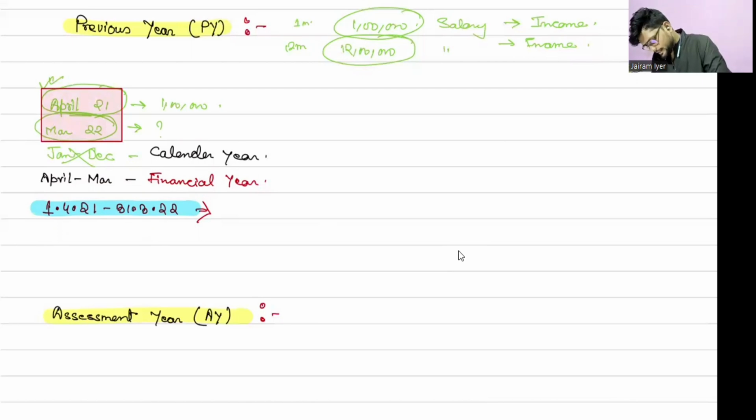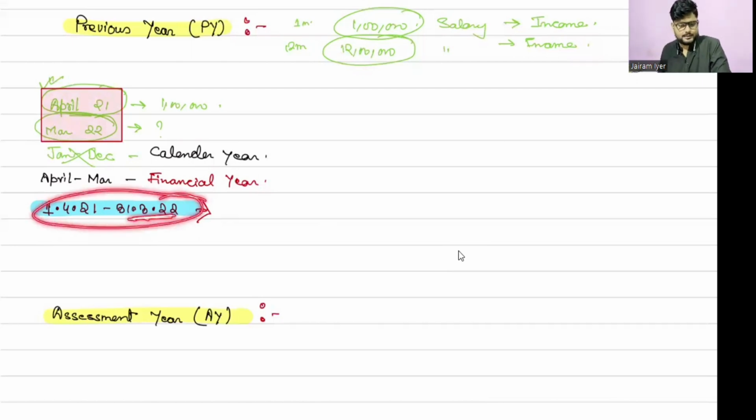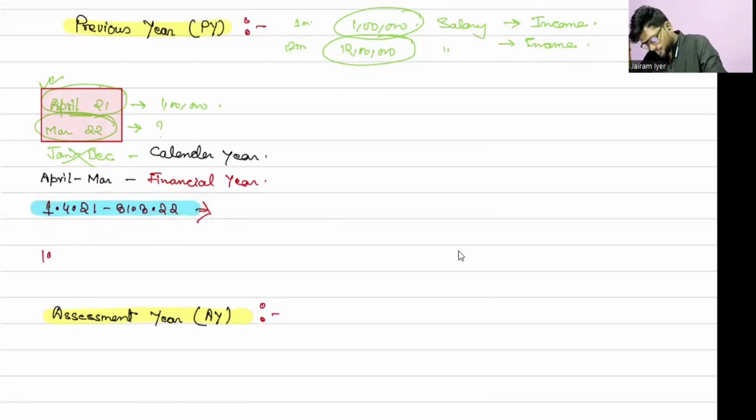Once this year ends on 31st of March, there is some fixed date, but right now we won't talk about the date. After this, a new year will start. Where will it start? From 1st of April 2022, because 31st March 22 is ending over there, and the next year will go to 31st March 2023.